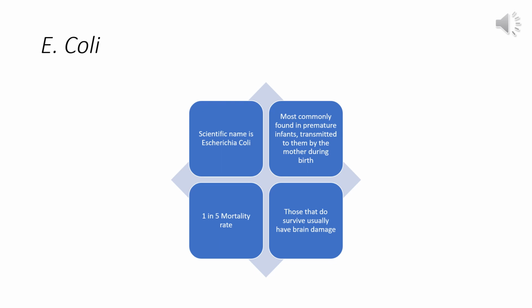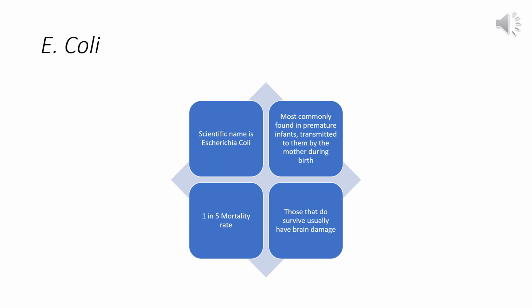That's what I wanted to get into before E. coli, because in one of those boxes I state that E. coli is the second most common cause of neonatal meningitis, so I figured if I stated the second, I'd give you the first. The scientific name for E. coli is Escherichia coli.